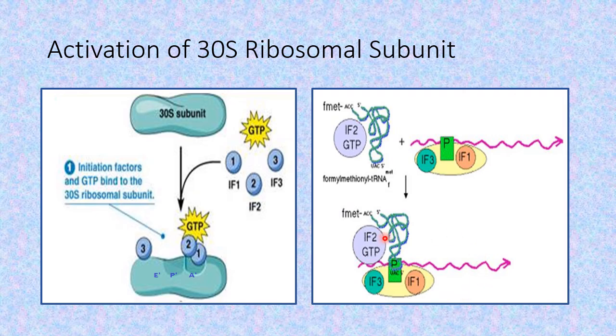So this pre-initiation complex is formed. In this pre-initiation complex are initiation factors 1 and 3 blocking the E prime and the A prime sites, and there is initiation factor 2 with its GTP, and at the P site your charged transfer RNA is there.